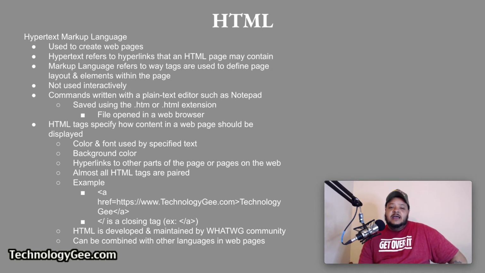So basically, that line of code would mark that the technology G part is going to be a clickable hyperlink. A tag that starts with the less than symbol and a / is a closing tag. So basically, for example, if you see a less than /a greater than symbol, that means that tag has ended.